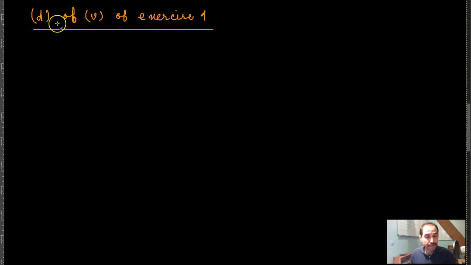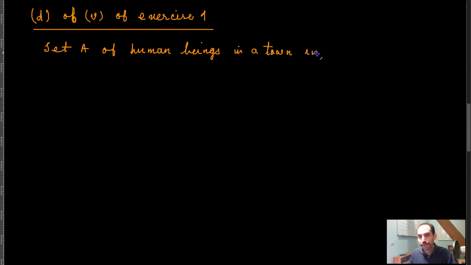The set that we have is the set A of human beings in a town at a particular time.